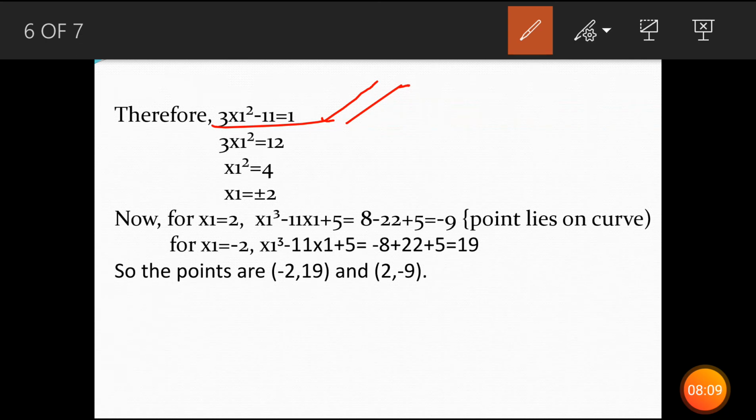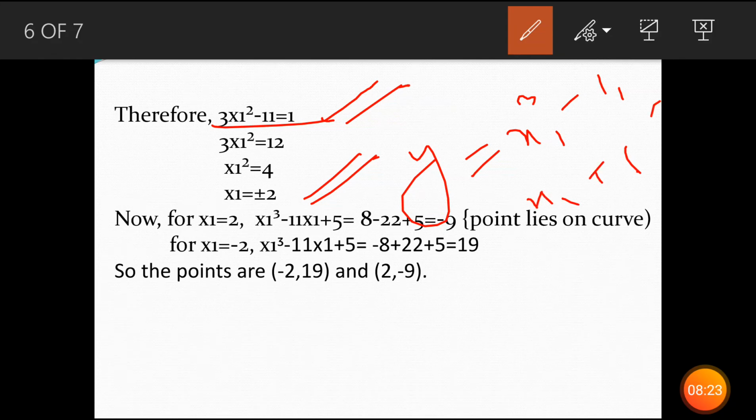So if we calculate the value of x1, we will get plus minus 2, and our curve that was already given to us was y equals to x cube minus 11x plus 5. Why are we writing x1? Because the curve is passing through the point, so we can replace x with x1. So x1 we have calculated is either plus 2 or minus 2.